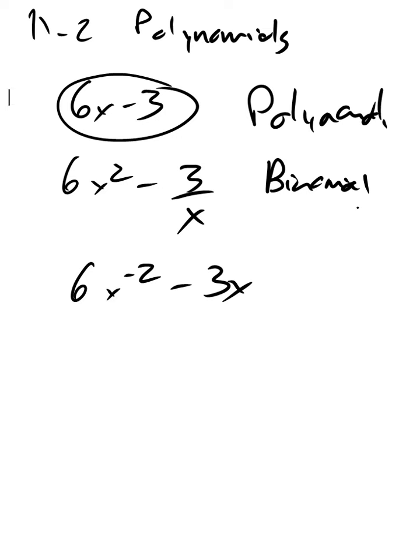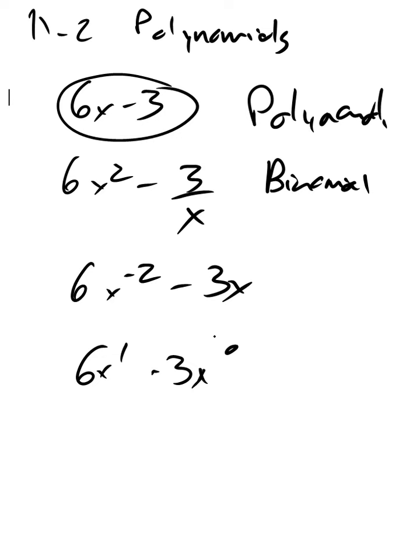The other thing it's going to ask you to do is identify the terms of each one and the highest degree of each term. So in looking at this one, it is going to have a degree of 1 because the 6x is actually to the first power and the negative 3 is actually to the 0 power.